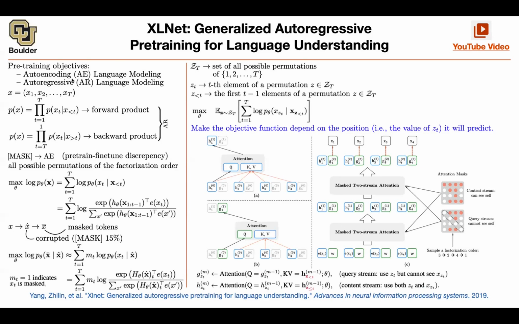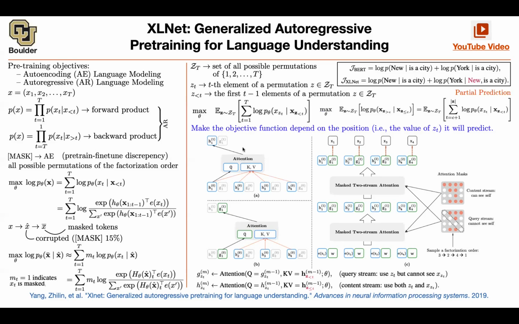Some of the models were autoencoding, some of them were autoregressive. For instance, BERT type of models are gonna fall into the category of autoencoding, and GPT type of models are gonna fall into the category of autoregressive models. The cool thing about XLNet is that you can actually marry the two. It turns out that under one umbrella, you can explain both of them.